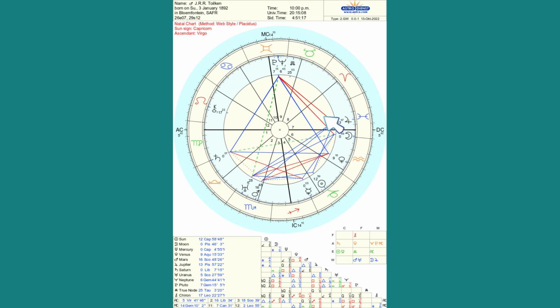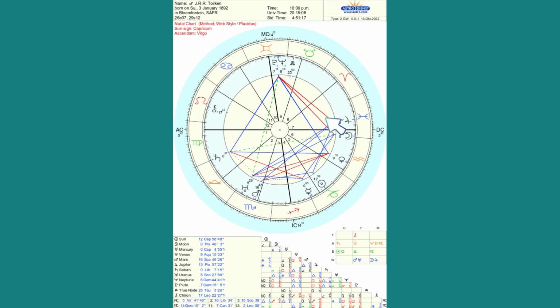So these are the things I would start with. Look at the sun, the moon, and the rising, what sign it is, and what house it's in, and learn about those energies. That'll give you a big understanding about who you are, or the person's chart that you're studying, who they are.